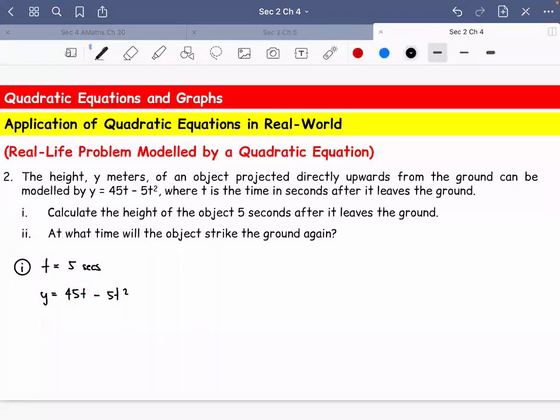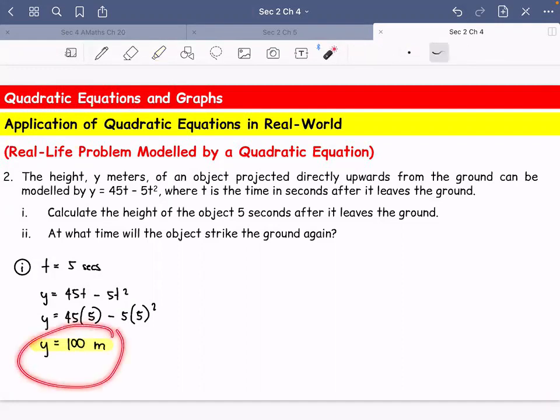So y is equal to 45 times 5 minus 5 times 5 squared. Solving this, you can use your calculator. Okay, so it is 100. 100 meters. So basically, the height of the object after 5 seconds is 100 meters from the ground.